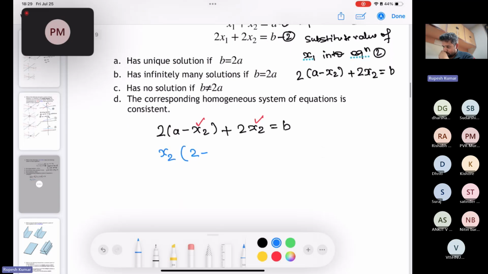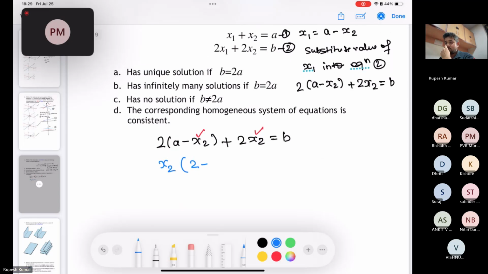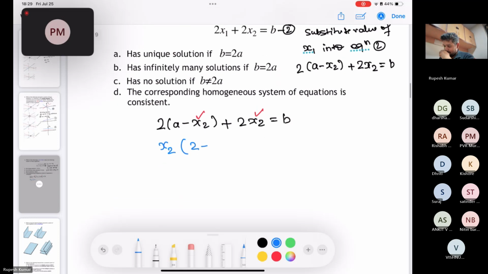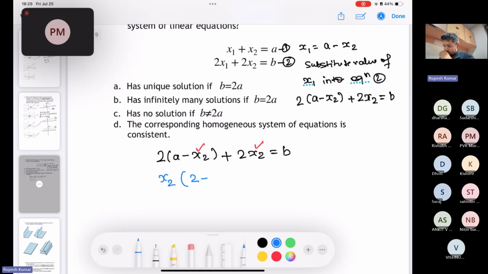Okay, so fine. You can see the system is basically dependent, right?